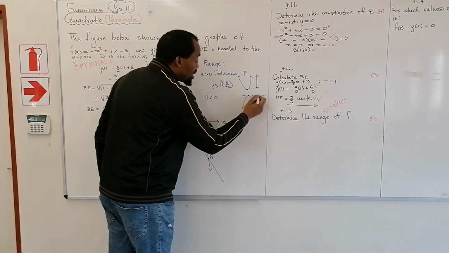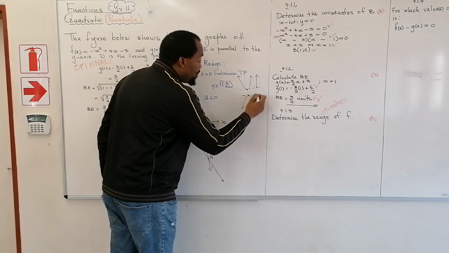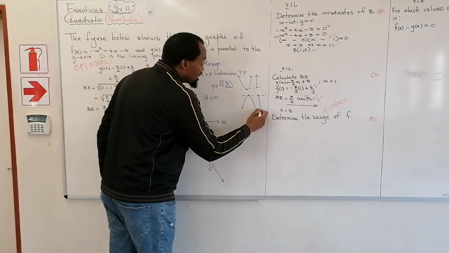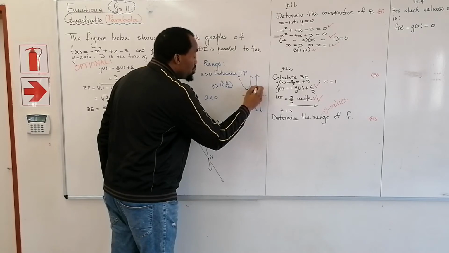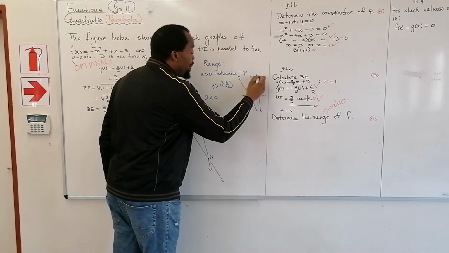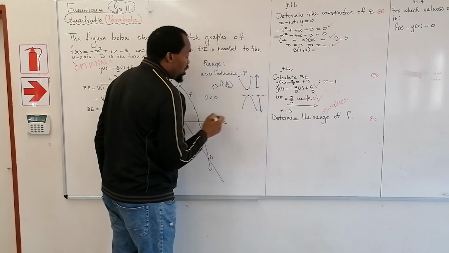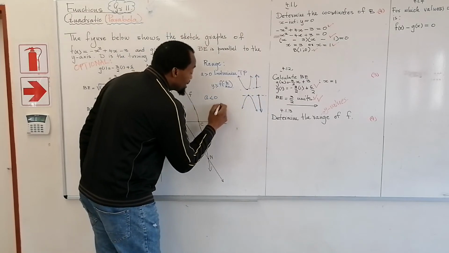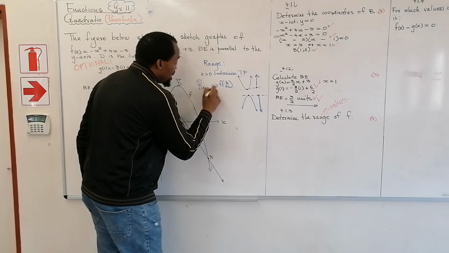Now it means that all the values of y are from this bigger point to the smallest one. Here it was from the smaller one to the bigger ones. Here I'm going from bigger to smaller.